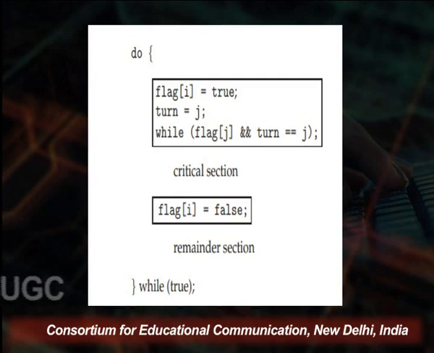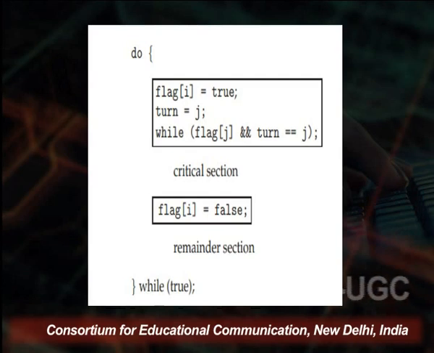So while your turn is equal to j and flag of j is set, in the sense that j is also ready to get into the critical section, that means all preparations have been done, and also the turn has been allocated to j by saying turn equals j. So while your turn is with j and while j is ready to get into the critical section by indicating a set value of flag j, these two variable values will hold as they are.